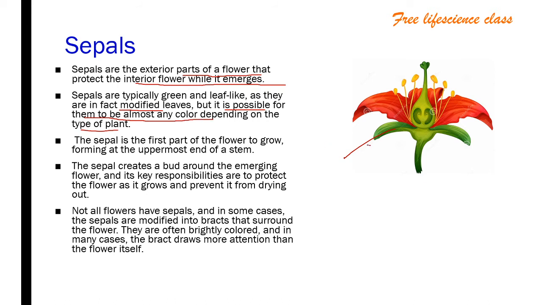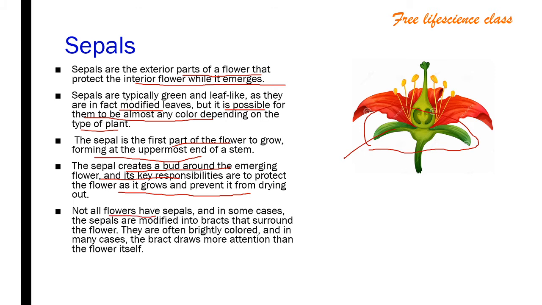So it is not necessary that they are always green, because in some plants they are colored. The sepal is the first part of the flower to grow, forming at the uppermost end of the stem. The sepal creates a bud around the emerging flower, and its key responsibilities are to protect the flower as it grows and prevent it from drying out.